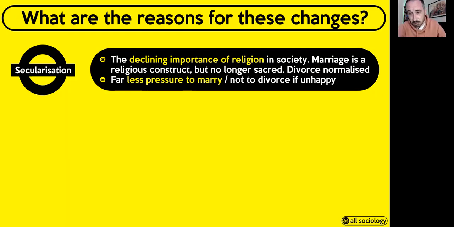Well, I'm not saying the only reason people got married was to have sex, but there was a stigma in society about having sex before marriage, and particularly having children out of wedlock. So if you had a baby 50, 60, 70 years ago and you weren't married, you'd have incredible pressure from society and from religion more generally to get married, to show that it was a legitimate child. Whereas now you might have a baby out of wedlock and think, well, we're happy, we're together, we're solid, we don't need to get married.